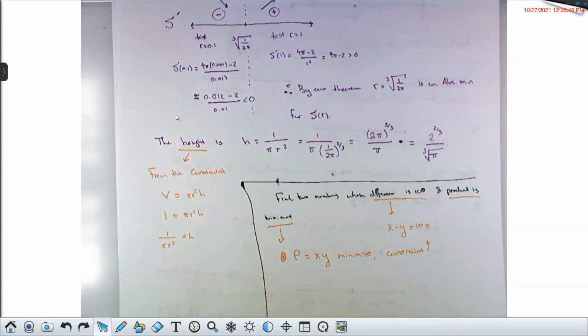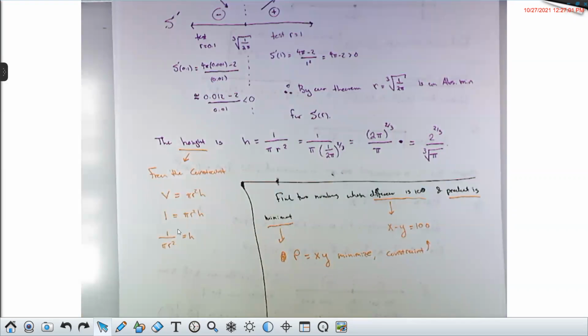That's the idea. So they say find two numbers whose difference is 100, so x minus y is 100, and whose product is as small as possible. So that product is x times y. So I want to minimize x times y subject to the constraint that x minus y is 100. It's the same as the farmer problem, just no geometry.